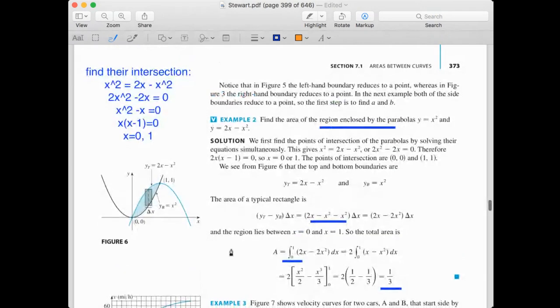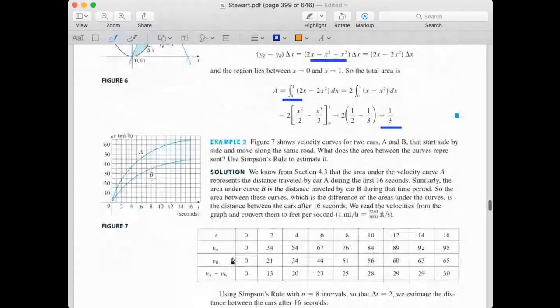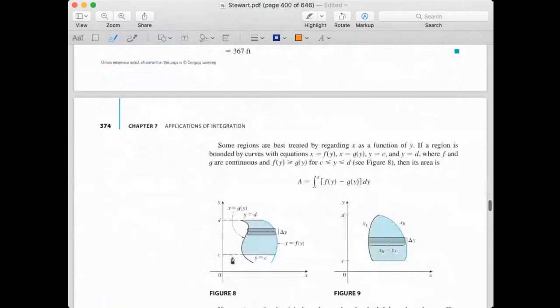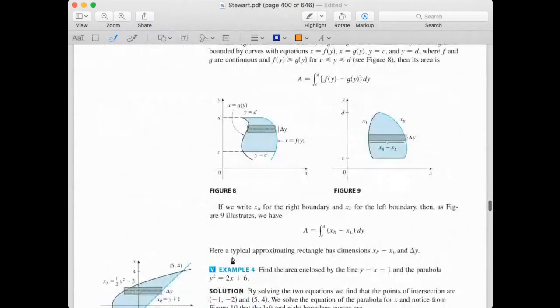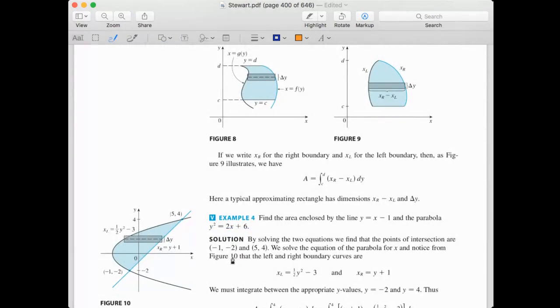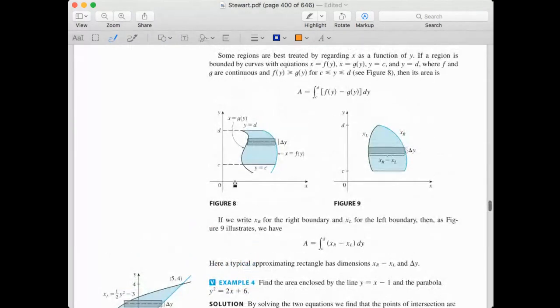All right, so this is the second example. Find the region enclosed by two functions. Sometimes we may have a shape like this, where the y value has an integral from c to d.